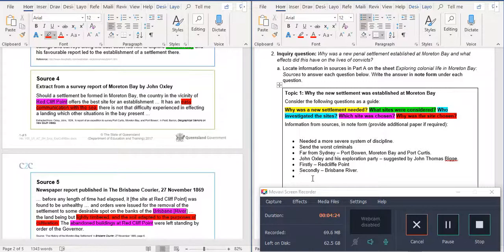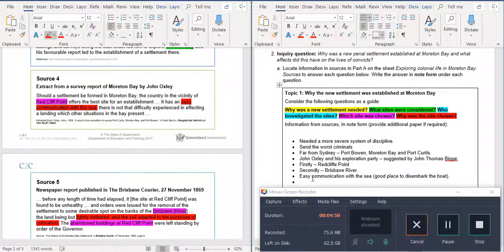The boat was there and we could get off the boat easily. So we'll just say easy communication with the sea, good place to disembark, which means getting off the boat.